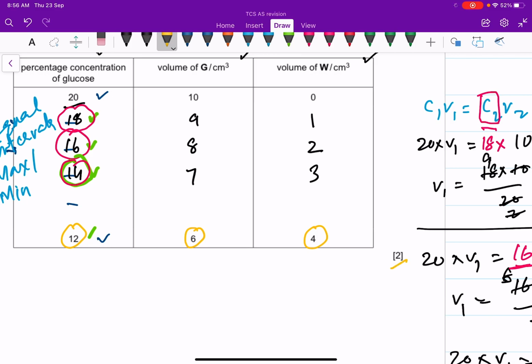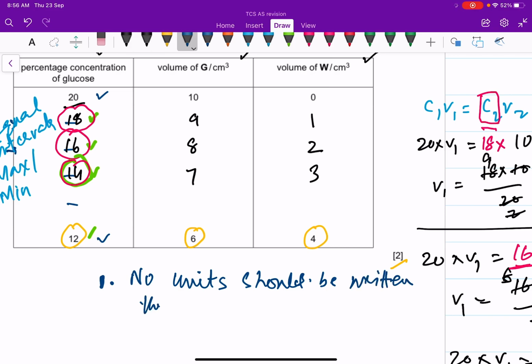What you have to notice when you are filling or completing this table, number 1, no units should be written in the columns.